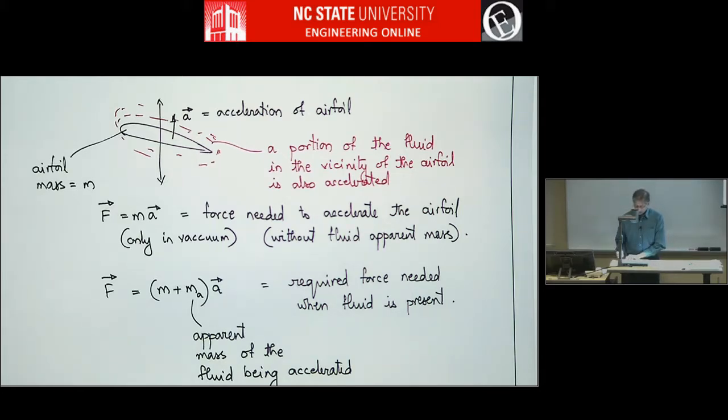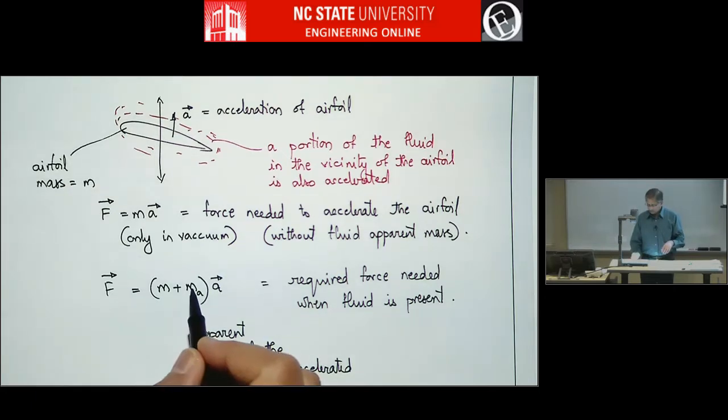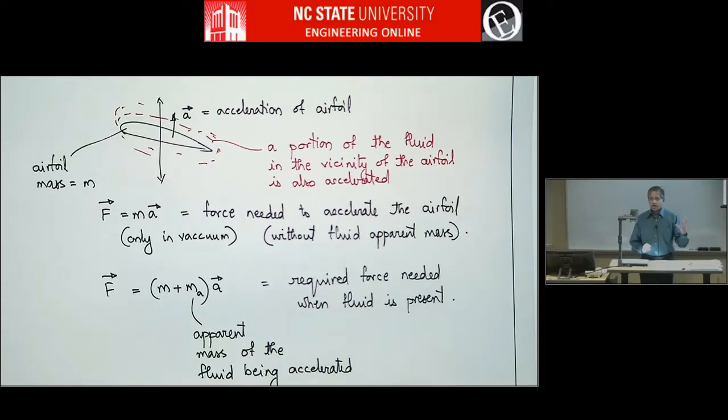And that depends on the fluid. For normal airplanes, this won't matter a whole lot because the airplane mass is so much more than the air mass surrounding the airplane. So the apparent mass becomes small compared to the actual mass.